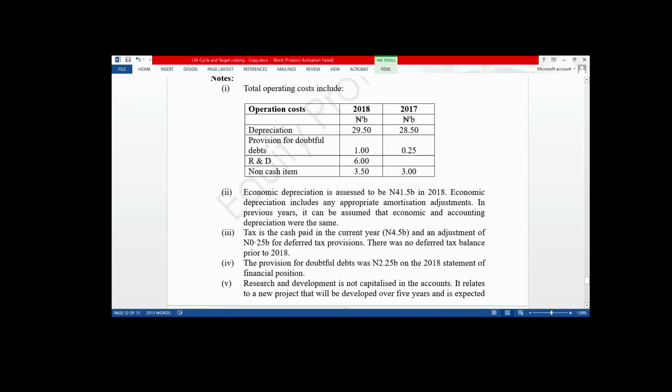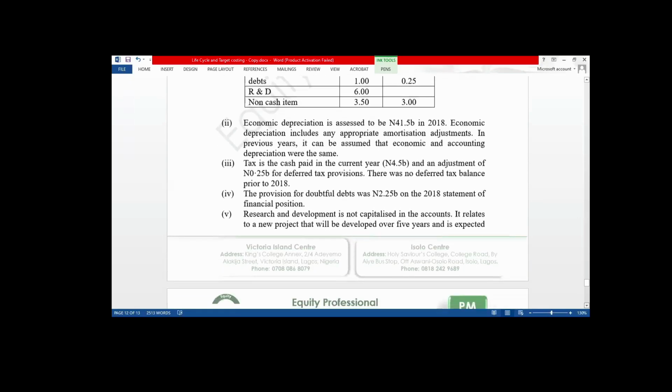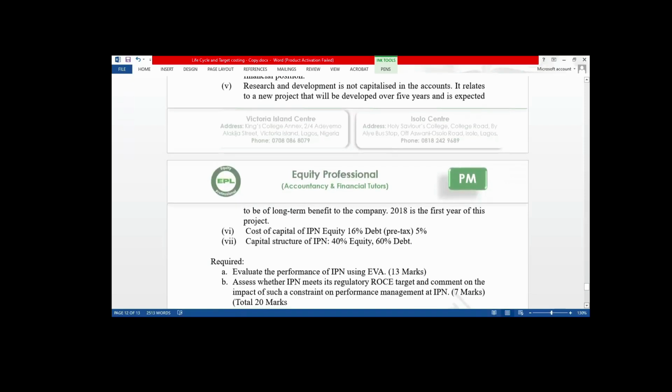Research and development costs not capitalized in the accounts. It's related to a project that will be developed for over 5 years. Okay, we have the cost of capital of IPN, equity 16%, debt pre-tax 5%. We have the capital structure given.